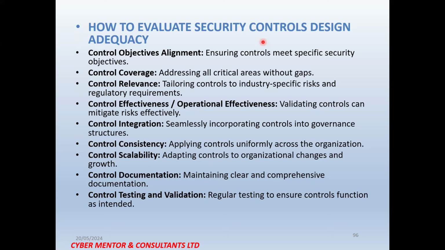Like the control you had years back may not be effective now. So there's need for regular testing. When you have controls that are not tested regularly, you can't say the control design is adequate.